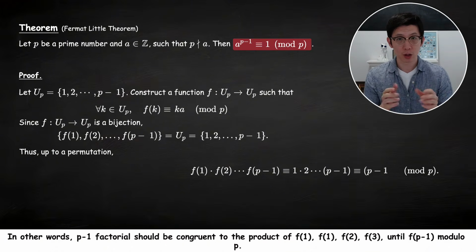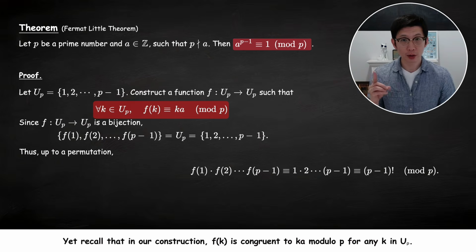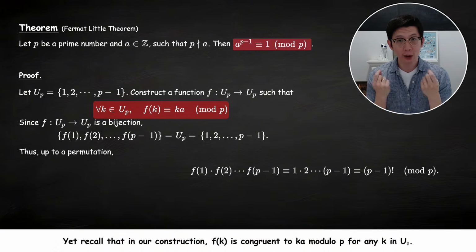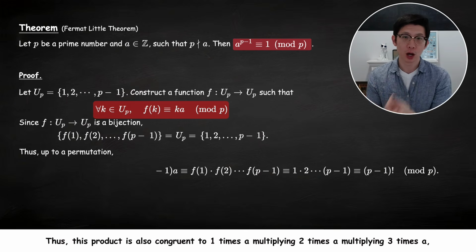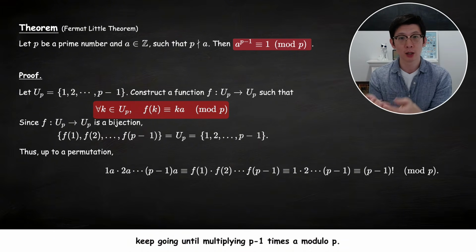In other words, (p minus 1)! should be congruent to the product of f(1), f(2), f(3) until f(p minus 1) modulo p. Yet recall that in our construction, f(k) is congruent to ka modulo p for any k in U_p. Thus, this product is also congruent to 1 times a multiplying 2 times a multiplying 3 times a, keep going until multiplying p minus 1 times a modulo p.